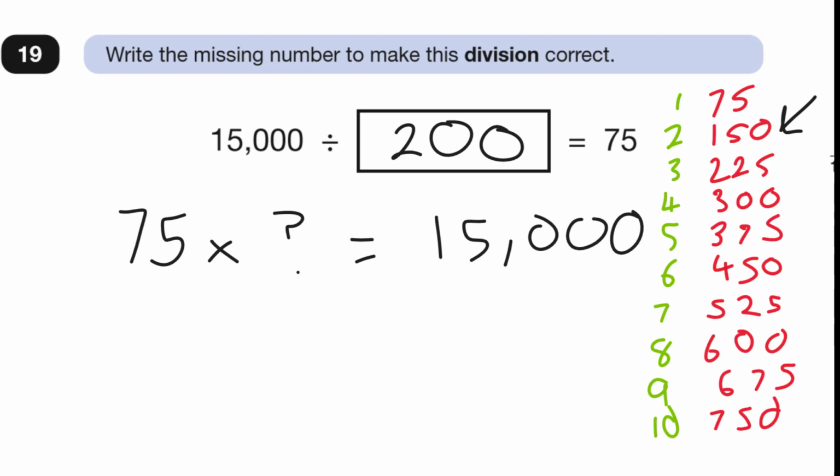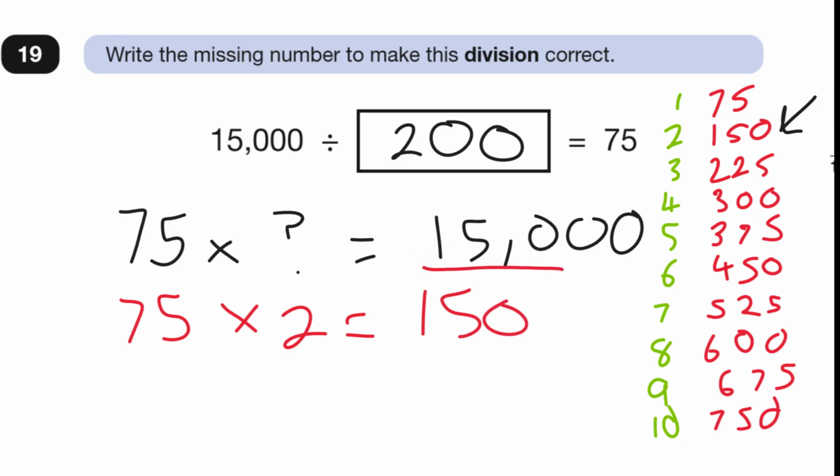I would be making a link between, I know that 75 goes in twice to 150. Okay, so I can see that 150 there, and then I can see that this is 100 times bigger than 150 because there are 2 extra zeros, so that's 2 placeholders. It means it's 100 times bigger, therefore the 2 will be 100 times bigger.